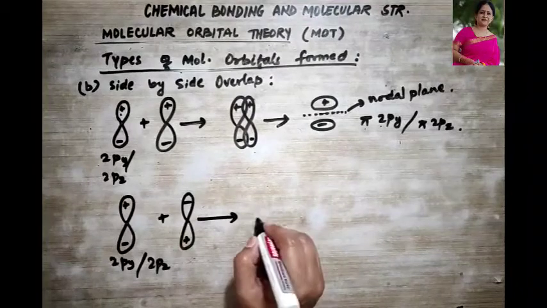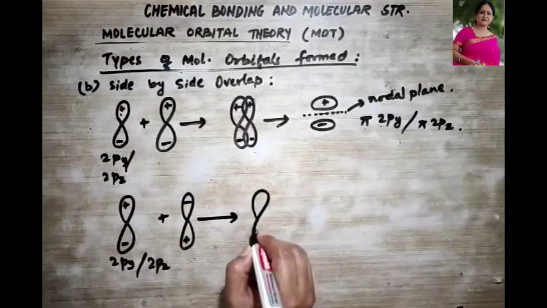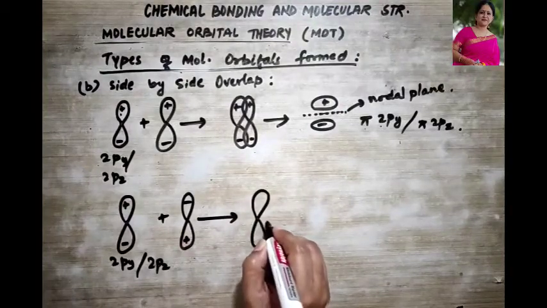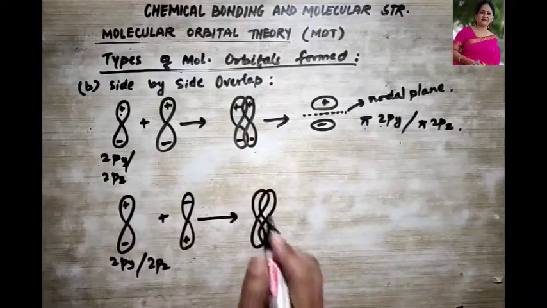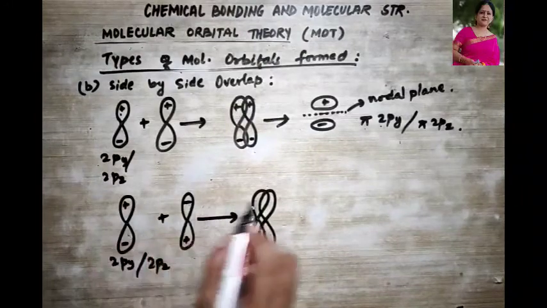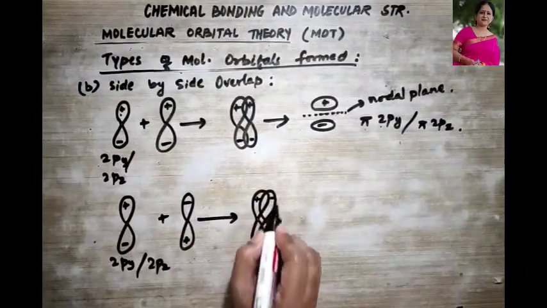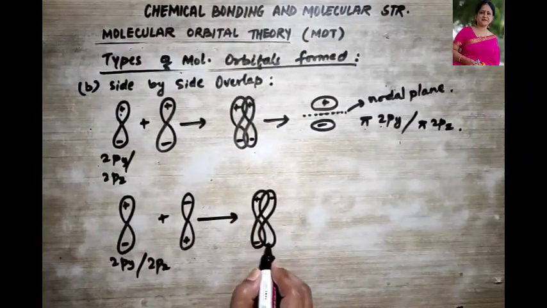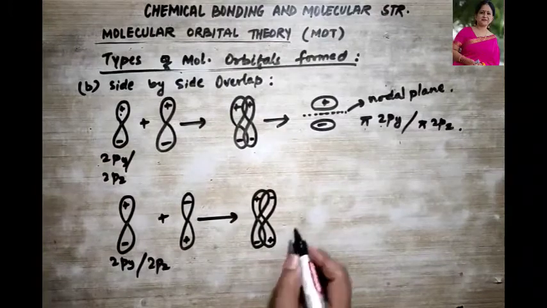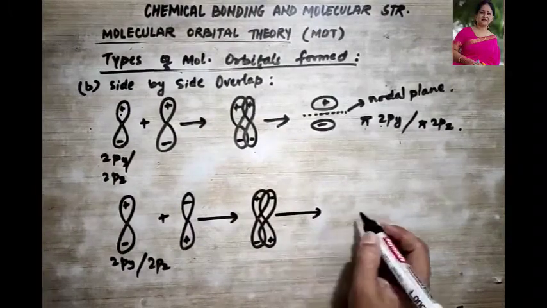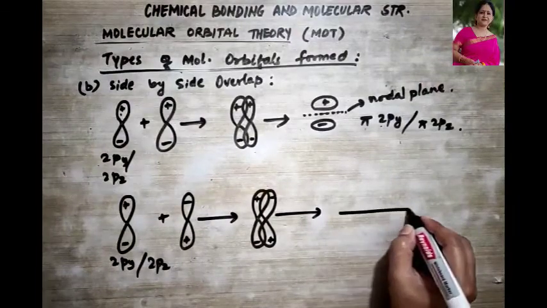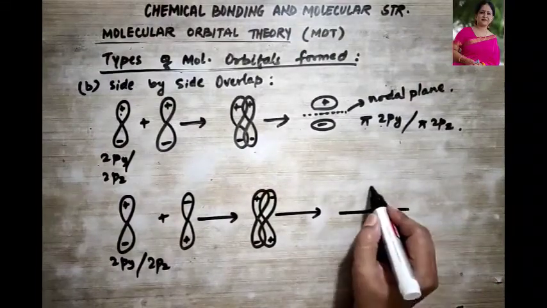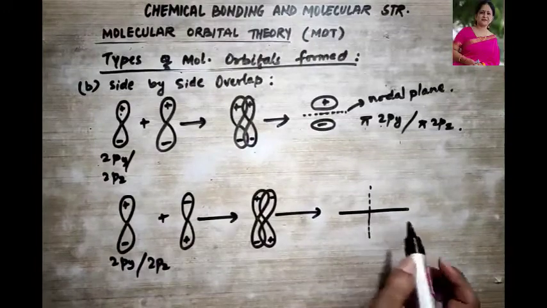How are they going to combine? Okay, so this is plus minus, this is minus plus, right? Thus they form, there is one nodal plane formed over here, and there will be one nodal plane formed over here.